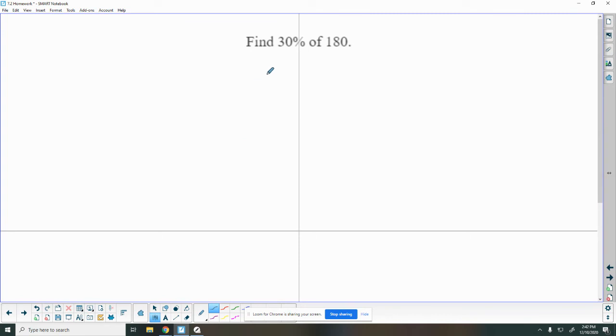Okay, number 5 here wants us to find 30%. So we're going to write 30% as a fraction. And remember the word of is that's 30% of this total. So 180 is going to go on the bottom here.